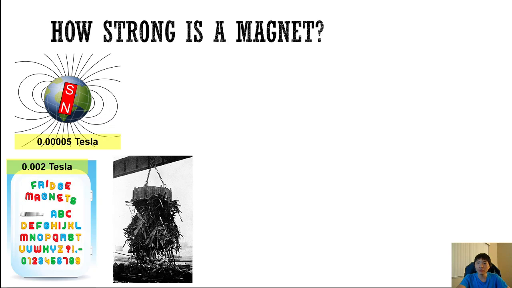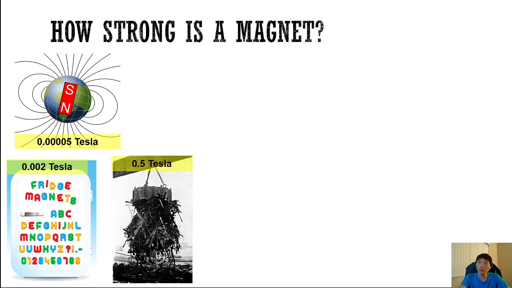How strong do you think this magnet is? Again, I see 1 Tesla, 5 Tesla, 10 Tesla. This is actually not as strong as you might think: 0.5 Tesla, so half a Tesla.